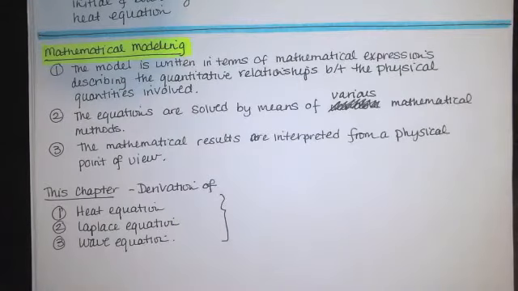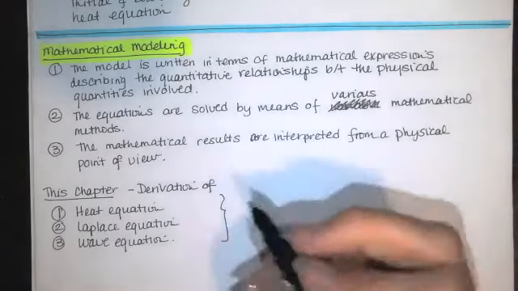Now, not all partial differential equations are one of these, the heat equation, the Laplace equation, and the wave equation. But each of these is a representative of an entire class of linear second order partial differential equations.